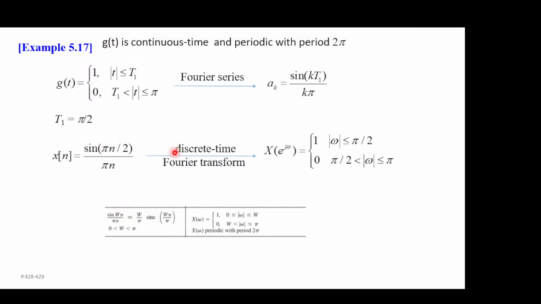But from this duality, you remember this square function has Gibbs phenomenon, right? So if you try to converge to this square wave function with this sinc function, taking some finite number of terms from the sinc function and trying to converge back to the square wave function, you will get Gibbs phenomenon. So the same thing should happen here.